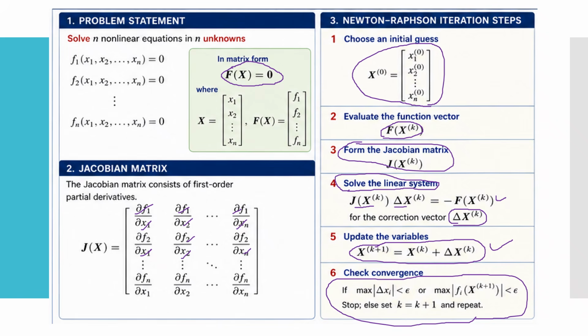Then we form the Jacobian matrix using the updated value. Then we solve with the Jacobian matrix and the newly evaluated value of the function to determine a new correction value. That new correction value is added to the value of the variable obtained at the k-th iteration to obtain the k plus 1 value. So we'll proceed in this way.